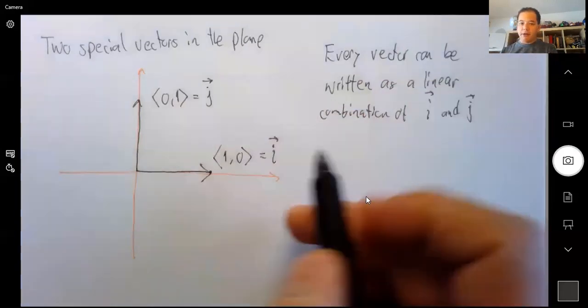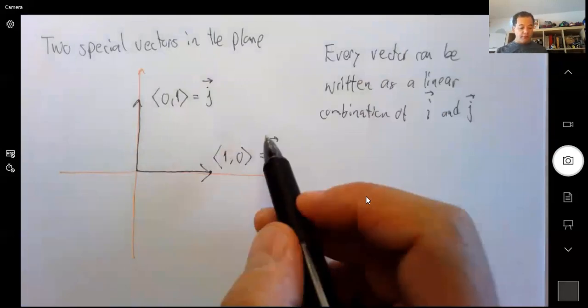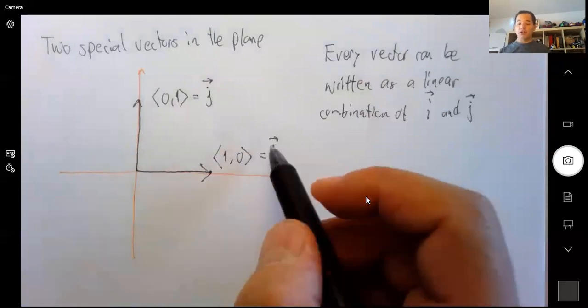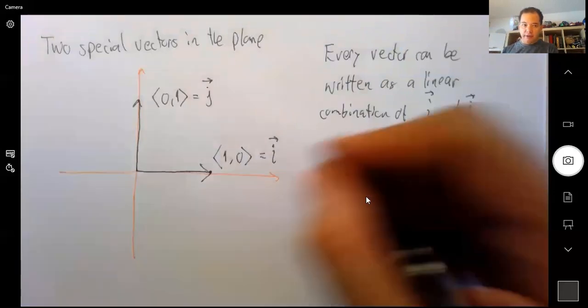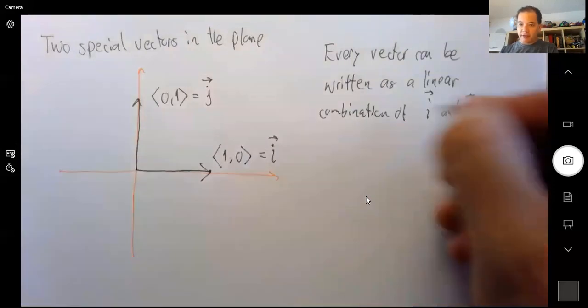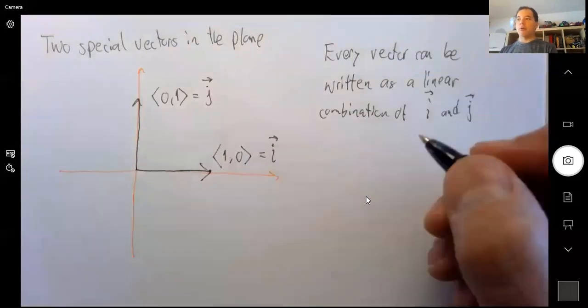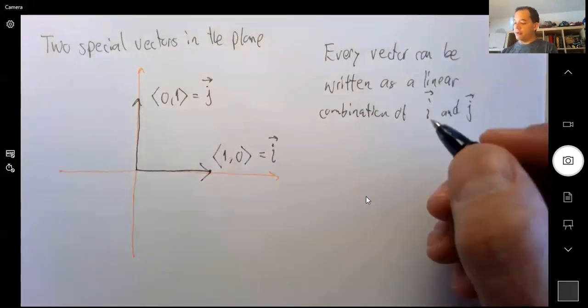In the book, remember, these don't have the arrows on top. In the book, i and j show as bold, but I can't be drawing bold characters when handwriting or on the blackboard. It will be difficult. So instead, we put the arrows.